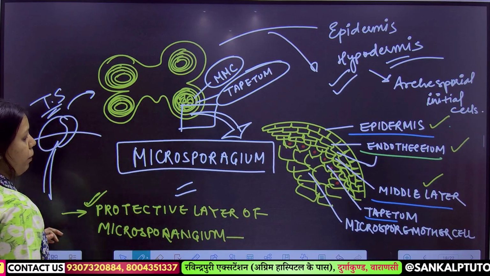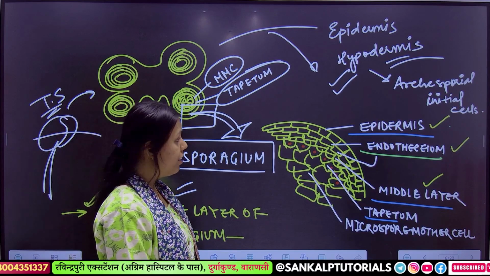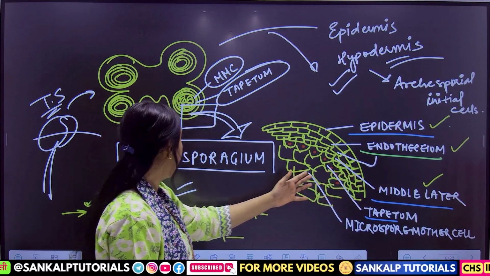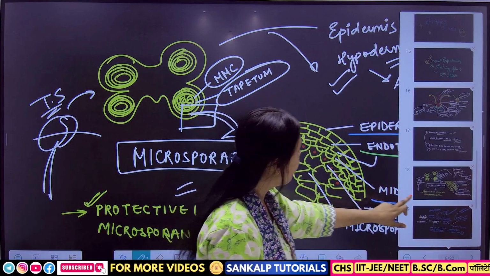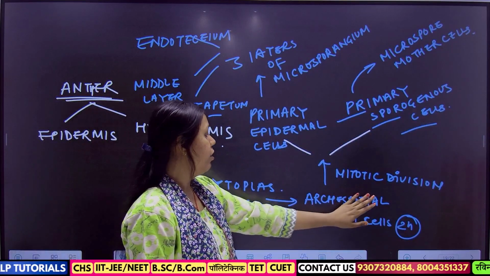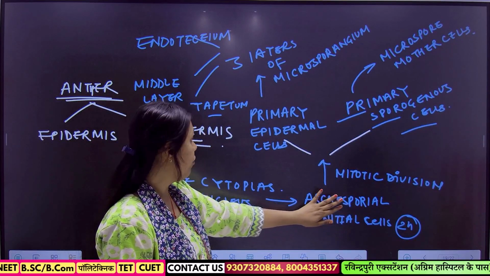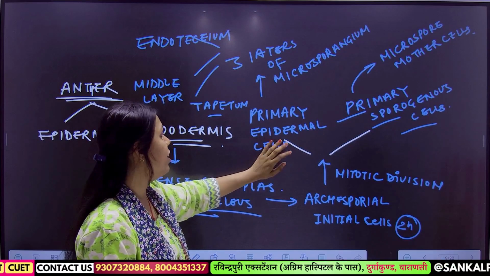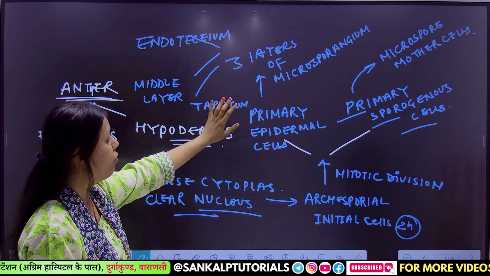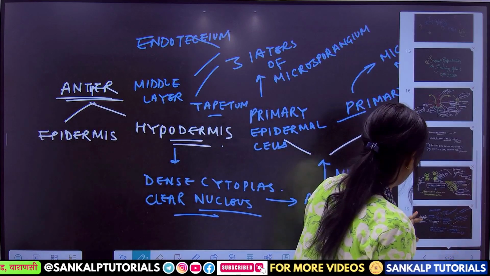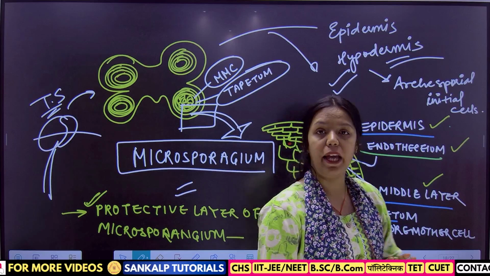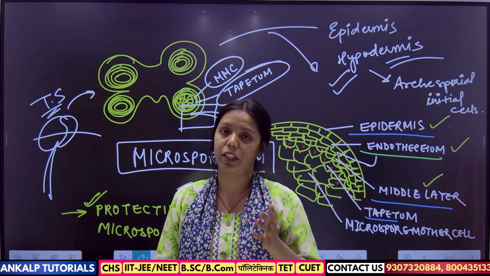What are the protective layers of the microsporangium? Everyone can answer: epidermis, endothecium, and middle layer. How are they formed? They form by mitotic division in archesporial initial cells, which give rise to two types of cells, primary epidermal cells and primary sporogenous cells, and these primary epidermal cells further give rise to three layers of the anther wall or microsporangium wall. These are the three major layers which provide protection to the microspore mother cells.